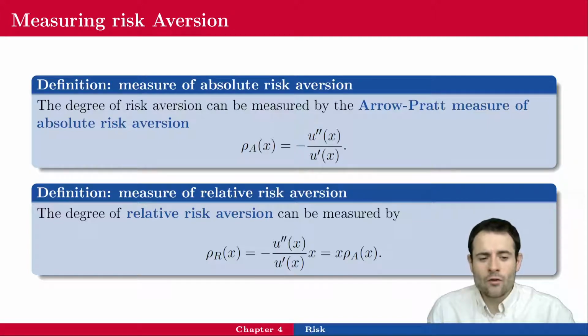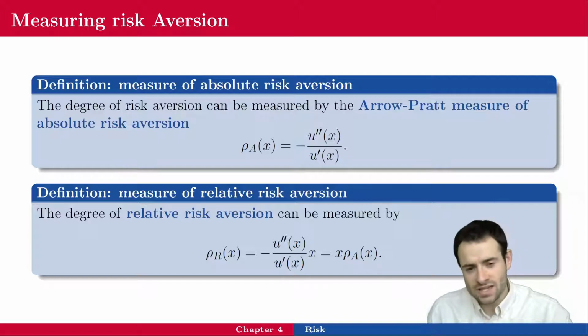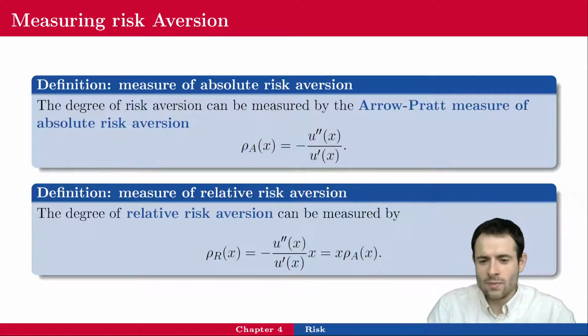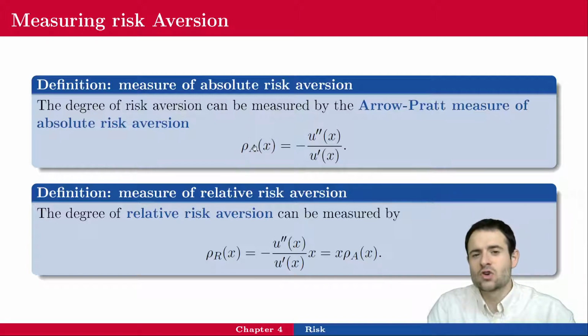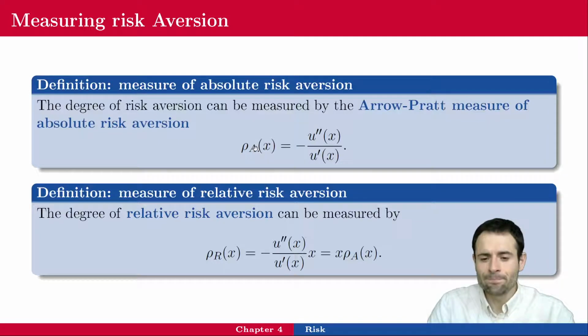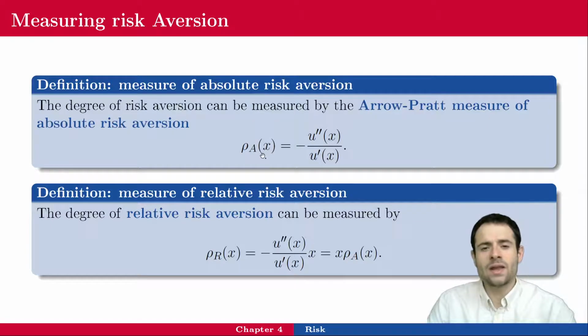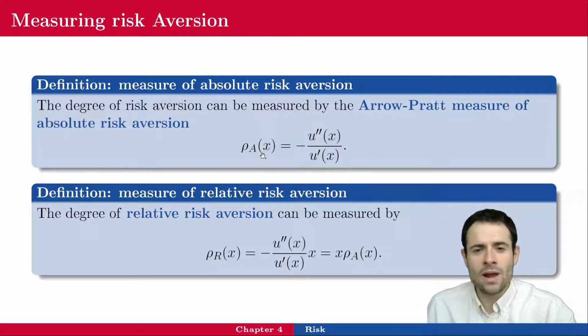So the degree of relative risk aversion can be measured by minus u prime prime over u prime times x. So it is pretty much multiplying the absolute risk aversion, rho A, that's a rho, that's the Greek R, and you multiply this rho A by x. Note that these levels depend on x. It depends on what the income level is.